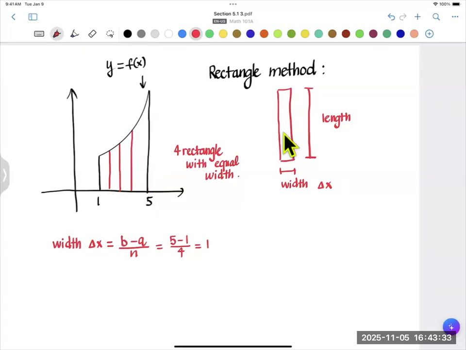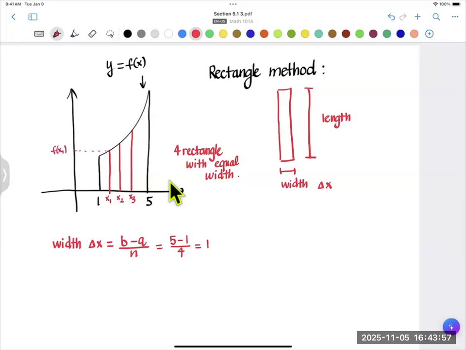And now how do I find the height? To find the height, there are two different ways we can do it. The first way, we can use the height at these values. I call these x1, x2, x3, and the height of this is f of x1 right here.